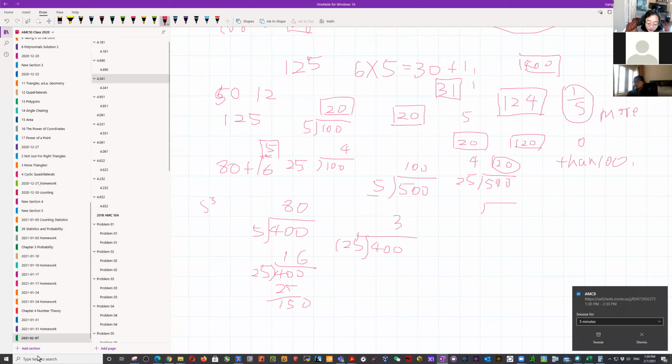That's going to be 3, and that's going to be 375. So basically I'm going to get 80 plus 16 plus 3, which is actually 99. So 400 factorial actually has 99 zeros.